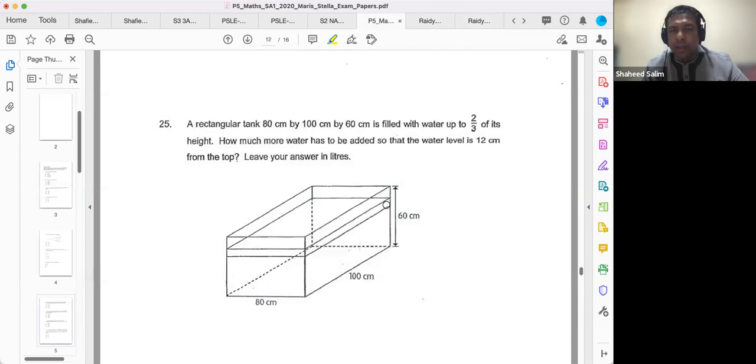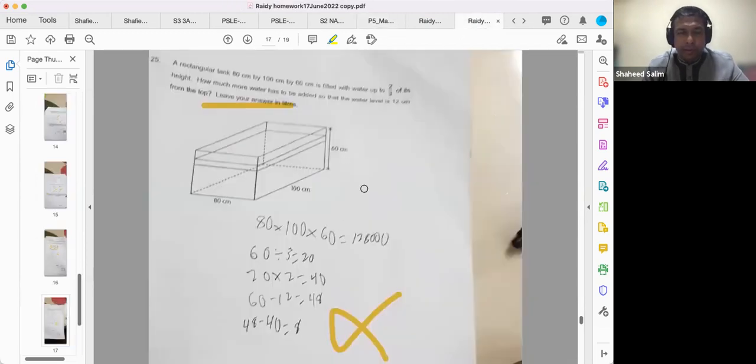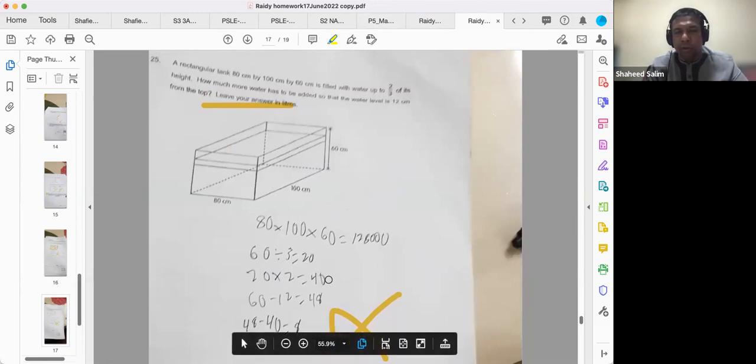How much water must be added down here so it reaches 12 cm? You divide by 3, 20 times 2, 40. So now you know that it's 40 cm. You know it's 48, so you minus 48.